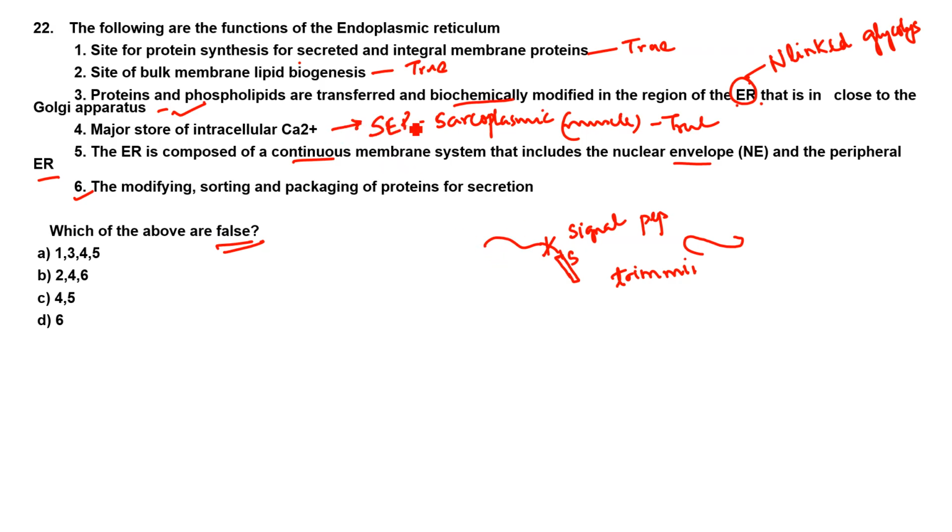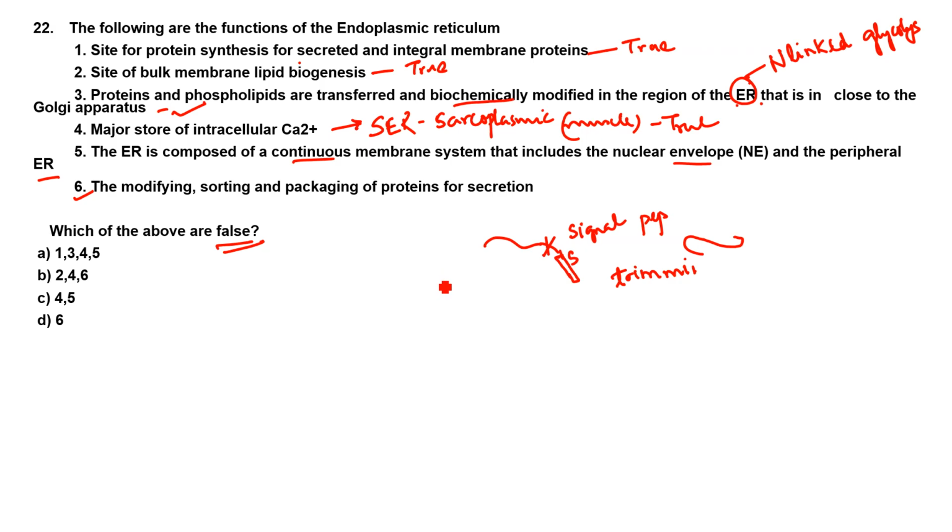Where was peripheral? The ER is composed of a continuous membrane system that includes the nuclear envelope and the peripheral ER. Peripheral ER means the endoplasmic reticulum which is in the periphery region.